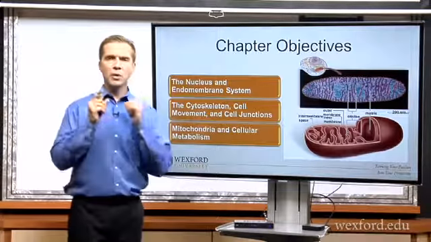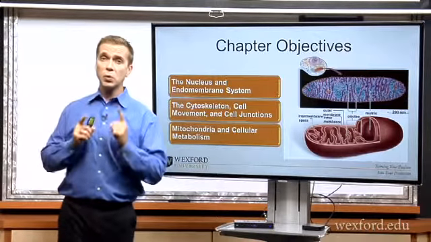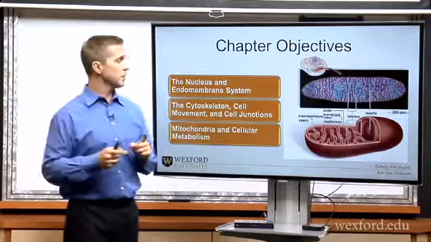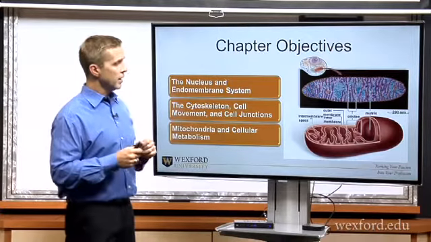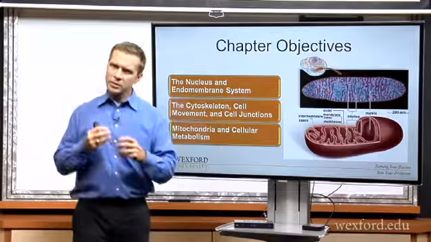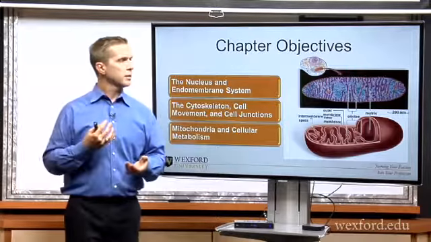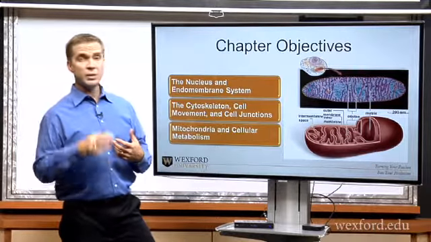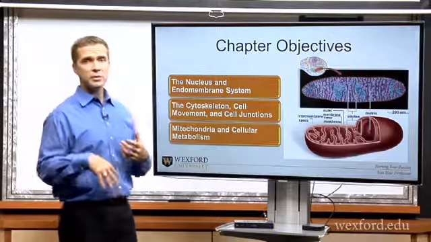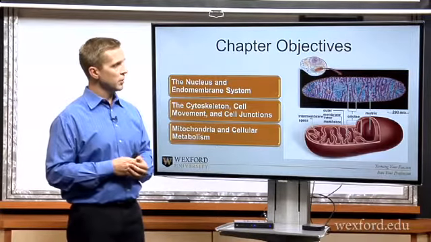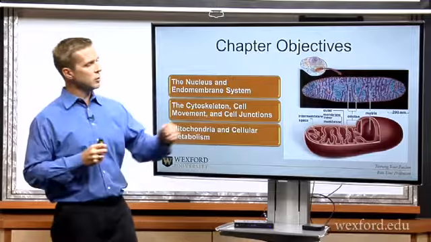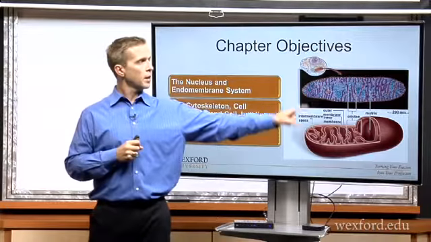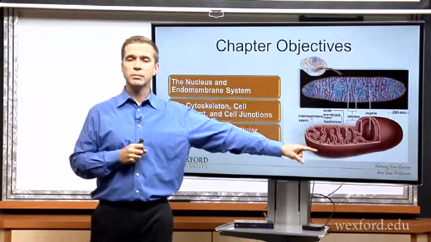Then we're going to talk about one very special organelle within the cell, and that's the mitochondria. And here we have, it's almost like a cell within a cell. It's this double membrane organelle that actually even has its own DNA and replicates separately, but this is going to be your primary site of energy production within the cell.